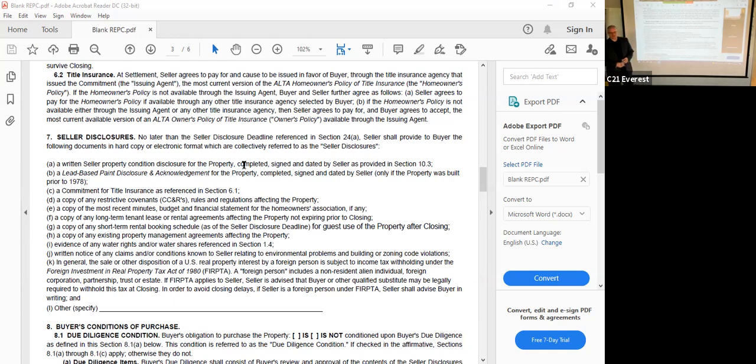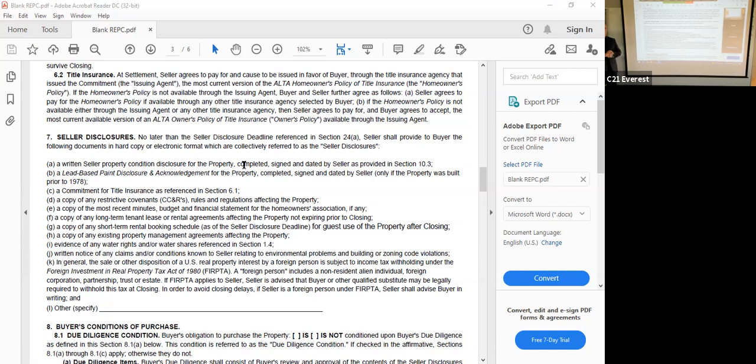Unfortunately, agents somehow think that the only thing they are obligated to provide is what they call seller's disclosures, which their interpretation only covers item number A. The seller's disclosure is that 7-page document that we hand to our seller to fill out. That's what agents think is all they have to provide to the buyer in order to meet the seller disclosure deadline.